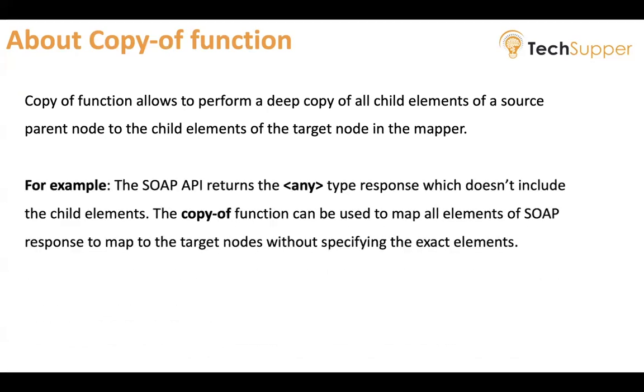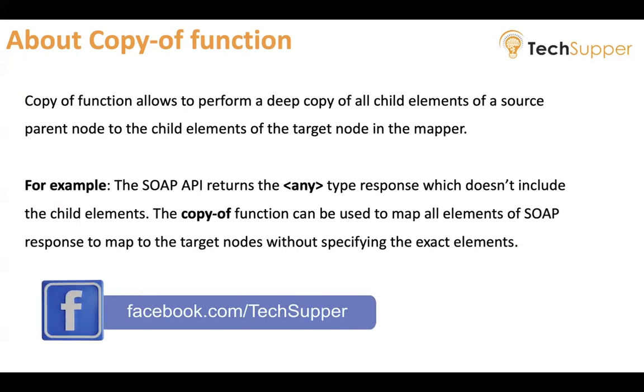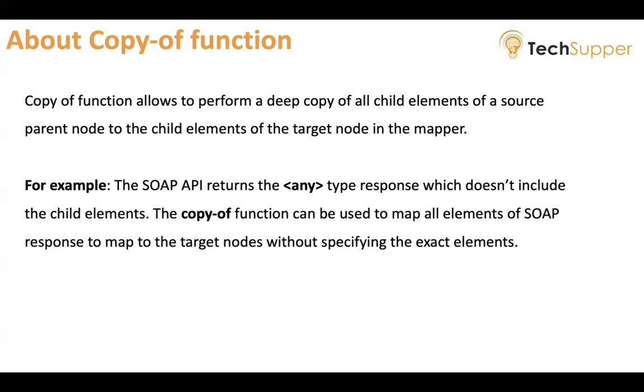For example, you have a SOAP API which you want to consume. That SOAP API returns an any-type response. Any type is one of the types in the schema where you don't define what kind of elements will come, because you want to scale your service without specifying the elements.